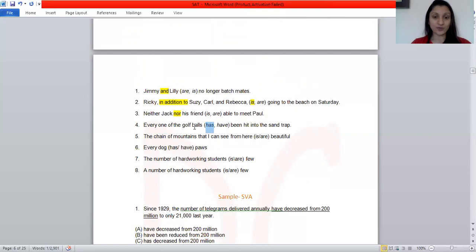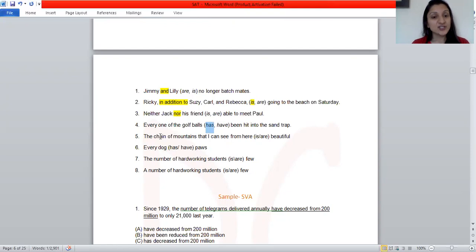Yes, even though we're talking about balls, but we said individual balls. We're not saying all the balls together. So if I say all the golf balls have, if I use all, then I use have. But because I'm using one, I use has. Okay. Careful about this in SAT.